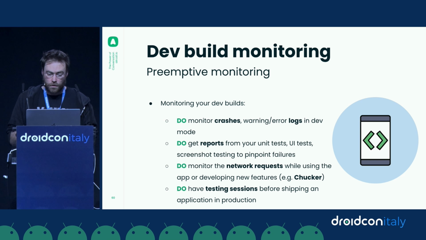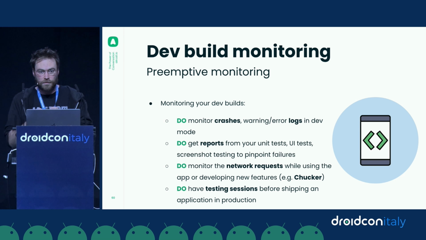Get some reports like unit tests, UI tests, screenshot testing. These things can pinpoint some failure before it gets to production. So if you have some failure in test, yes, have a look. It might go wrong if you push that to production.